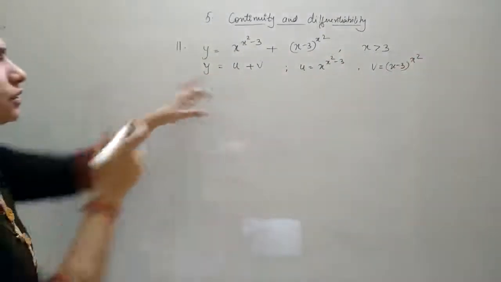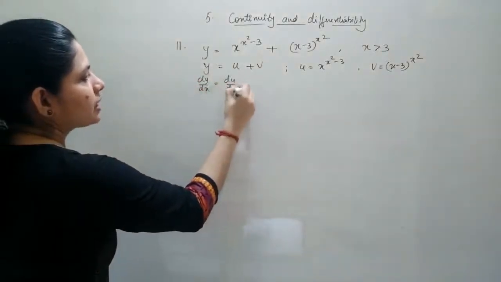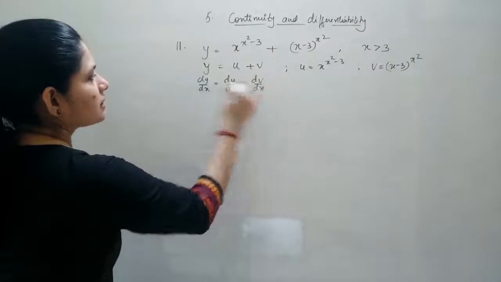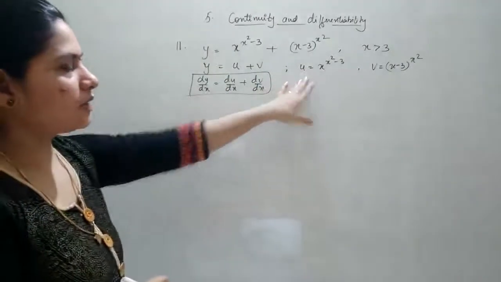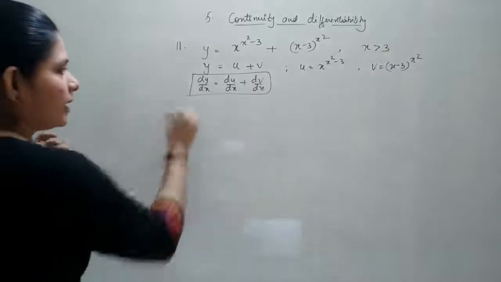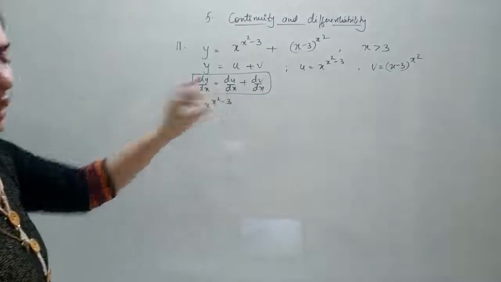So here you need to find out what is dy by dx, that means du by dx plus dv by dx. So here you need to substitute both the values. For that we will start with what is u equal to and find out what will be du by dx.